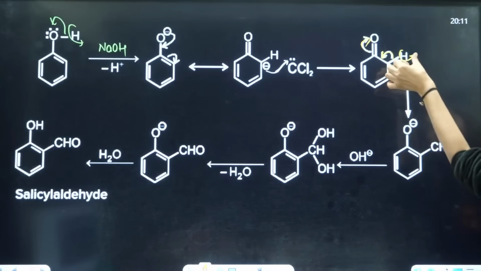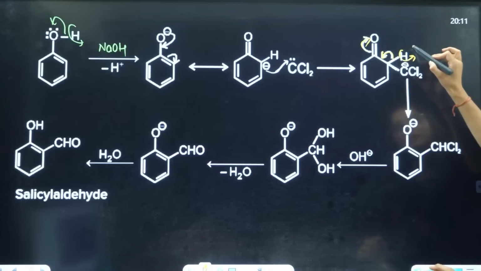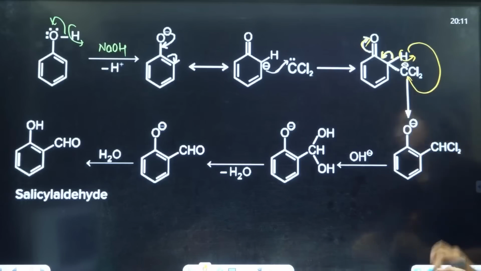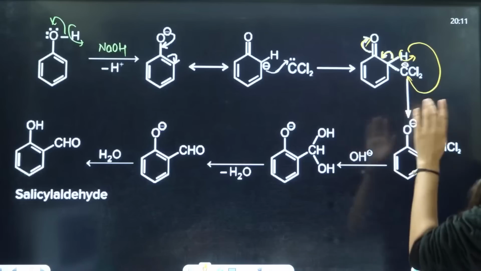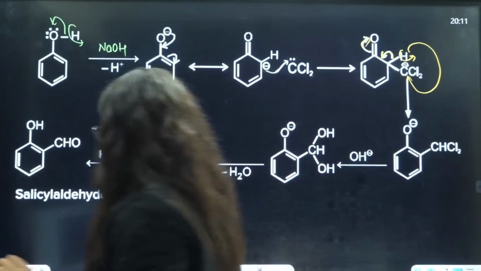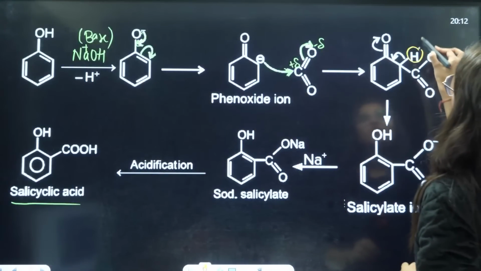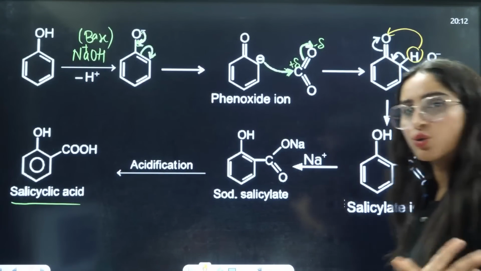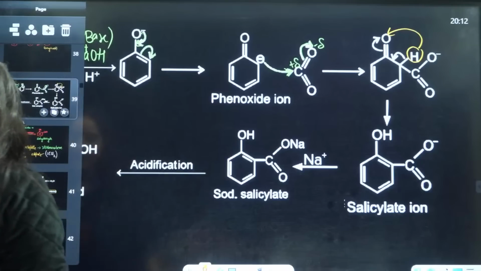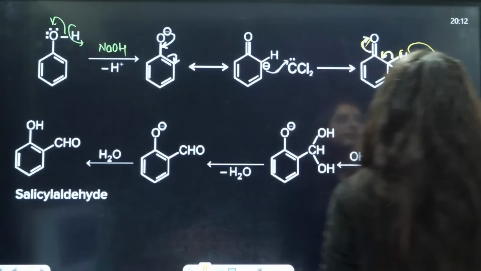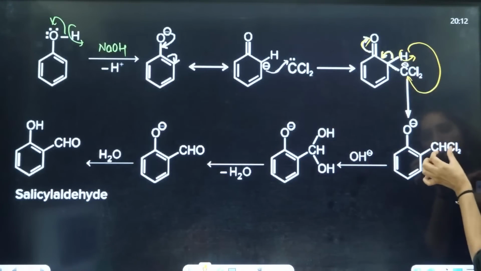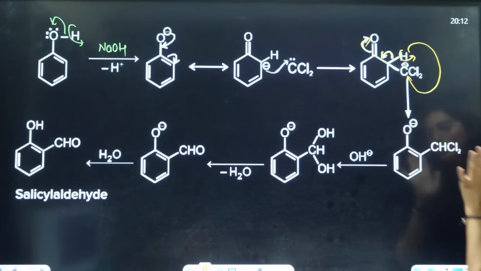In Kolbe's mechanism, the hydrogen was internally shifted to this side. That's the only difference. So here the hydrogen is internally shifted to this side. So this is CHCl2, this is O negative.